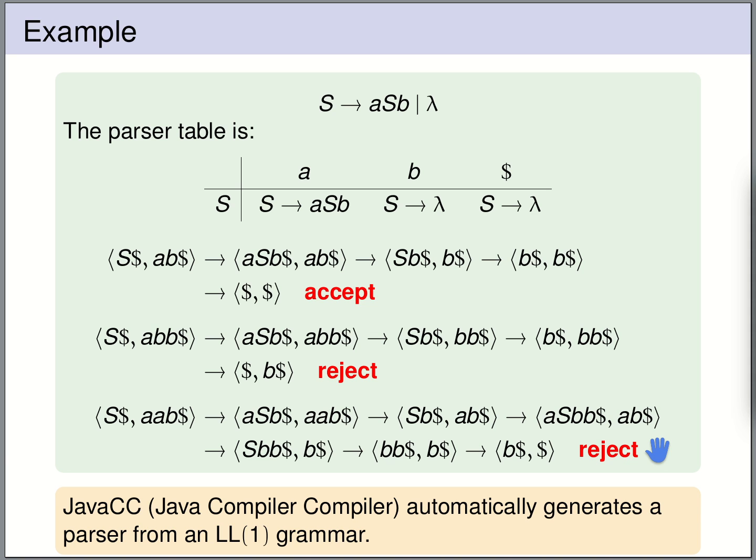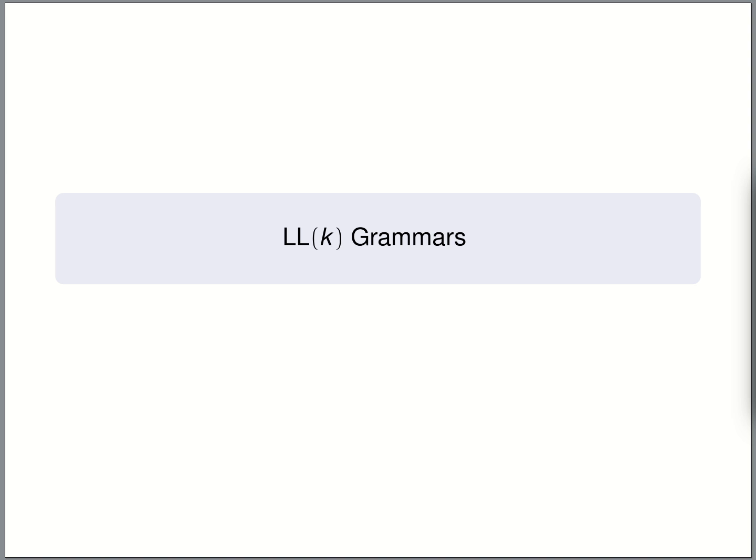So for instance, these LL1 grammars are used in JavaCC for automatically generating a parser. LL1 grammars only use a single symbol look ahead in order to decide what rule to apply.